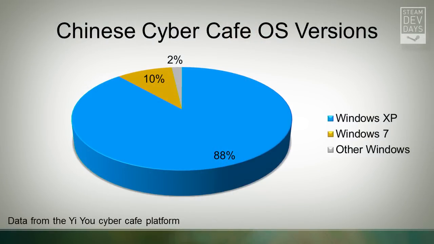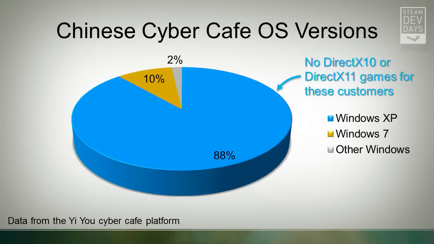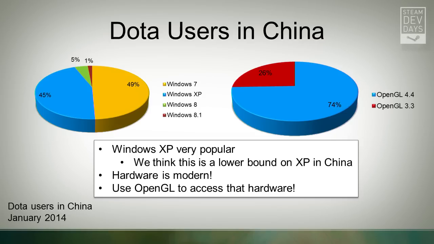Now this particular data comes from a cybercafe partner of ours in China, which illustrates a whopping XP usage right there. So if you're a DX10 or 11 game, those customers can't play your game. Even backing away from particular cybercafes and looking at users in general who are playing Dota in China, we can see that the pie chart on the left, which shows the OS share, still has that great big blue chunk of 45% of folks running XP.